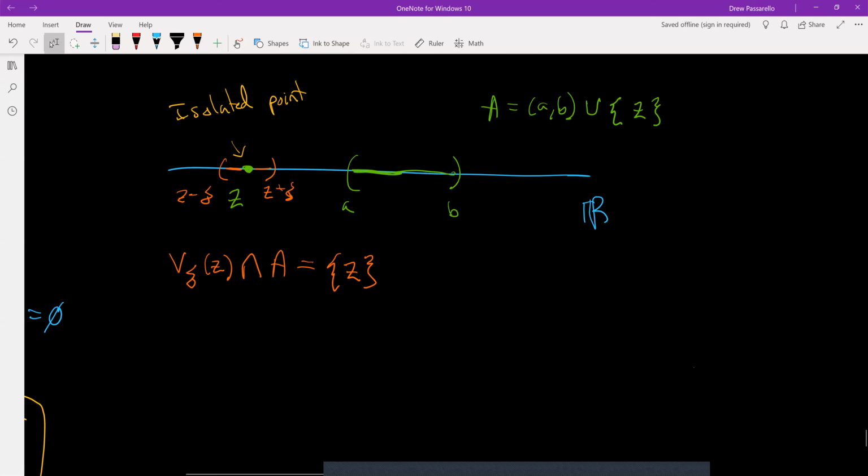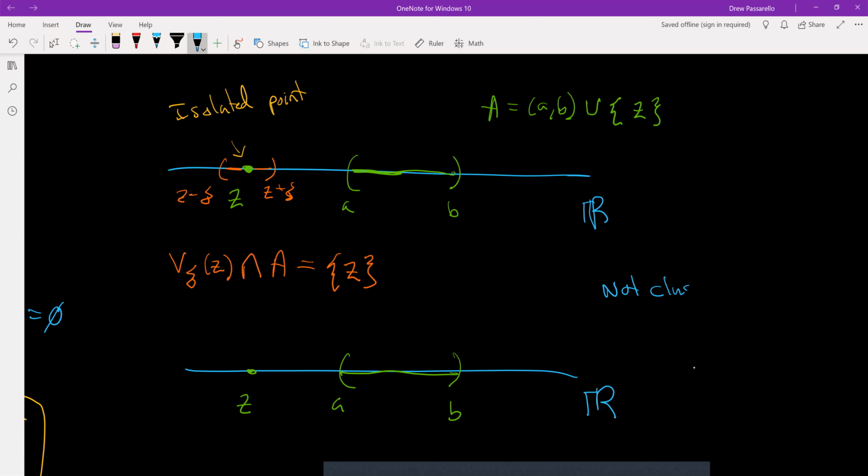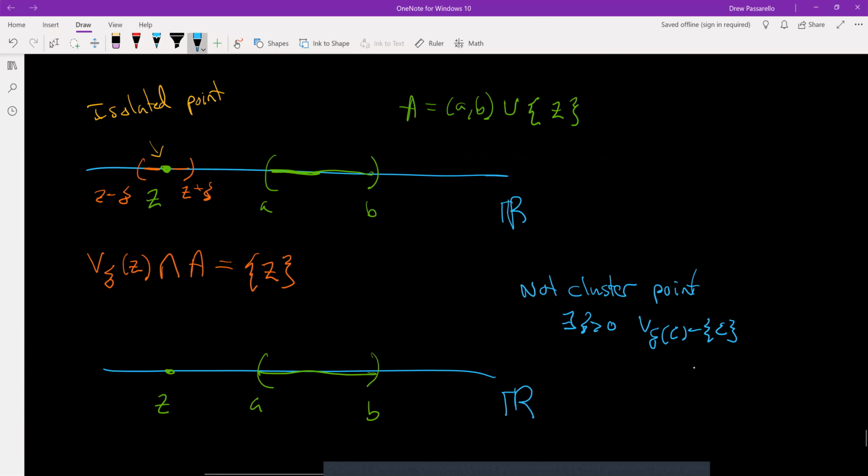All right, and if I use it in terms of punctured neighborhoods, because that's what we're dealing with for a cluster point, then for it to not be a cluster point, that means there exists a delta such that the punctured neighborhood around whatever our value C is, intersected with A, is the empty set.